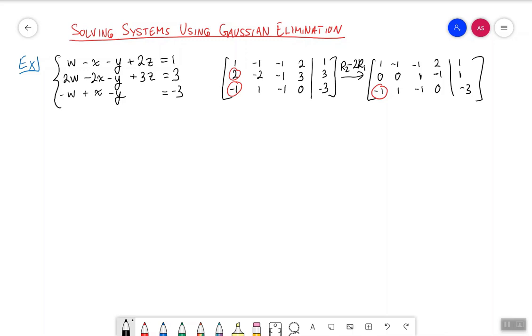Well, what we can do is R3 plus R1. So we can replace row 3 with row 3 plus row 1. We did not act on rows 1 or 2, so those stay the same.